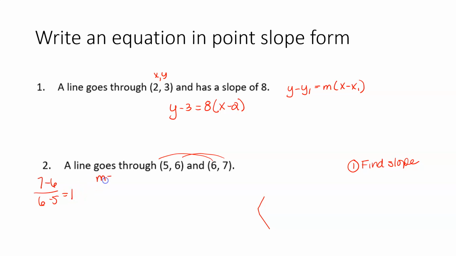So m is 1. Now you can use either one of the points, so you'll have two correct answers here. So I'll have y minus 7 equals 1 times x minus 6, or y minus 6 equals x minus 5. You don't have to have that one.